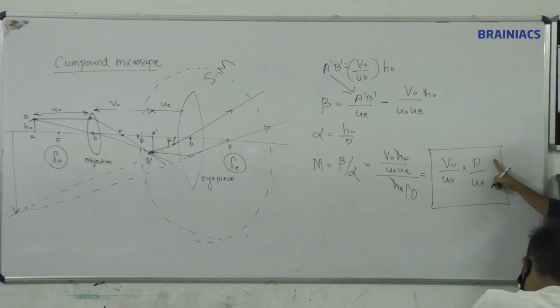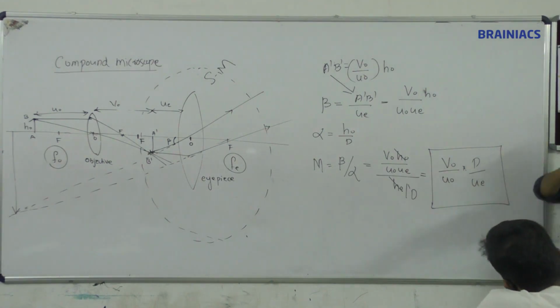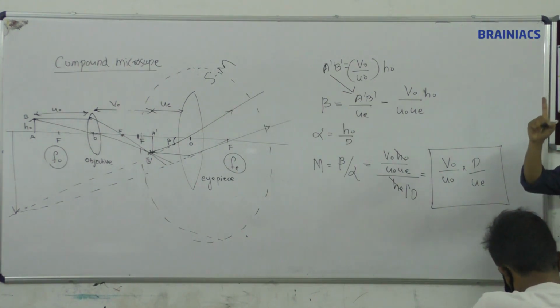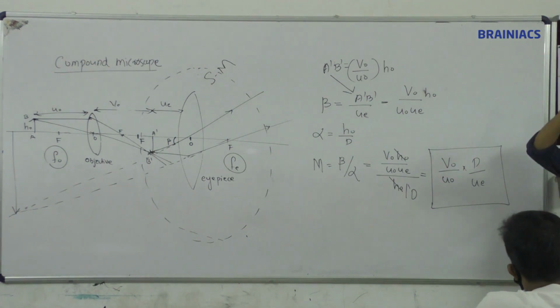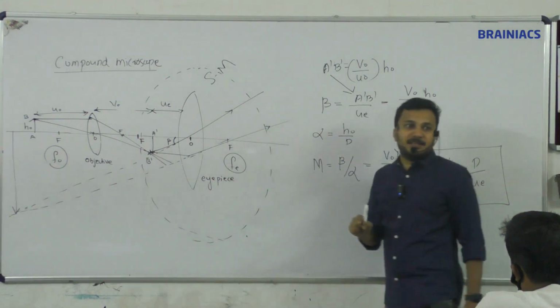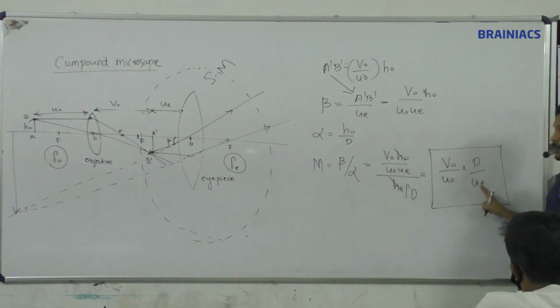We learned just before D by U0. Look into the notebook. We have learned for simple microscope D by U0. D by U0 means what? Magnification of a simple microscope. There is only one lens. So here the lens is the eyepiece lens, so UE is written instead of U0.